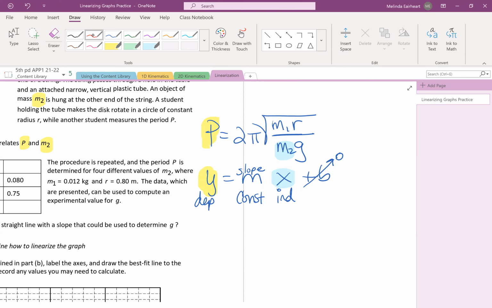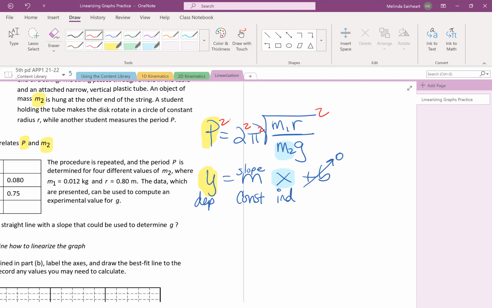If I square the right side of the equation to get rid of the square root, what do I have to do to keep equality? Square the left side too. And so I got to square even 2 pi. Square everything. Everybody gets a square, okay? Now that means I have P squared on the Y now, but that's okay.